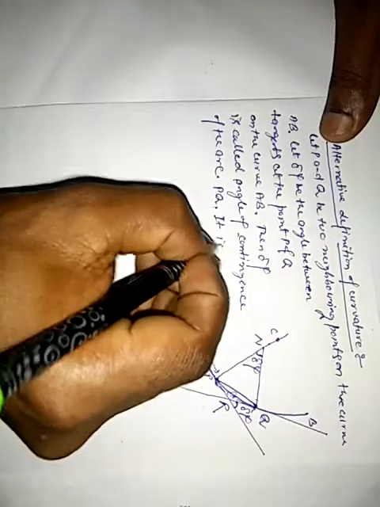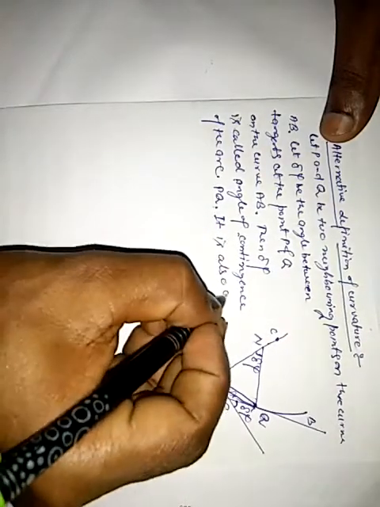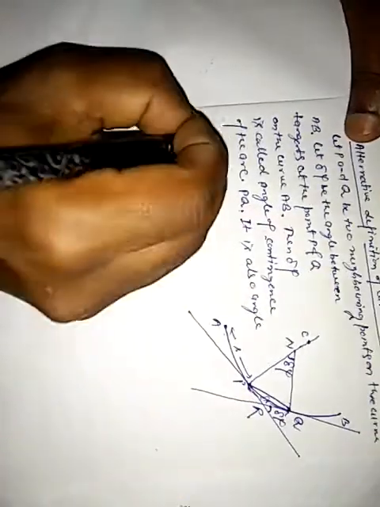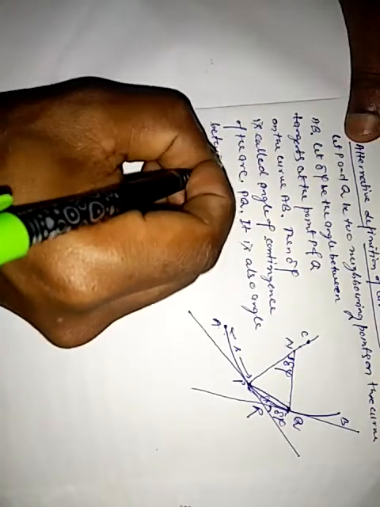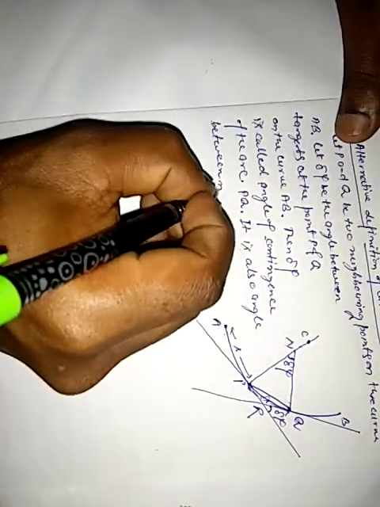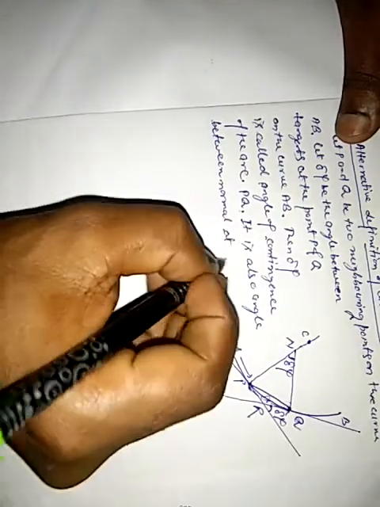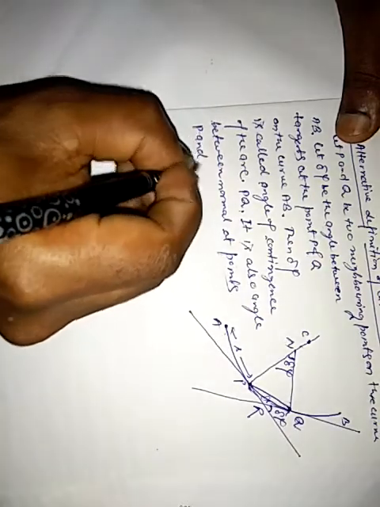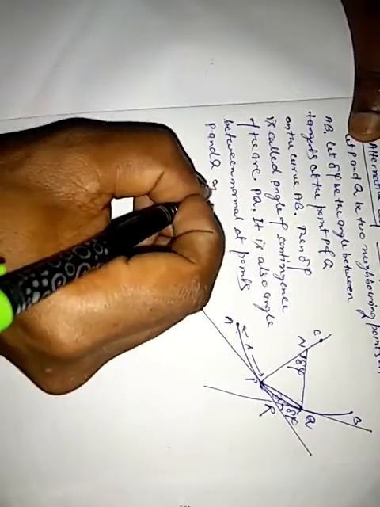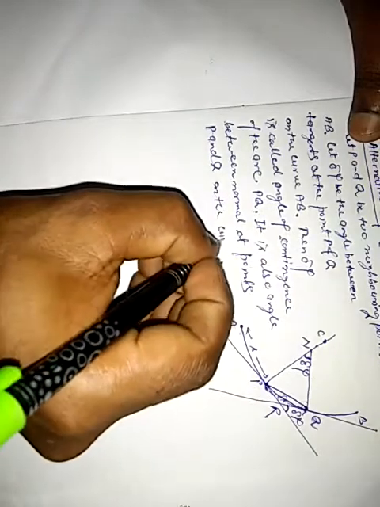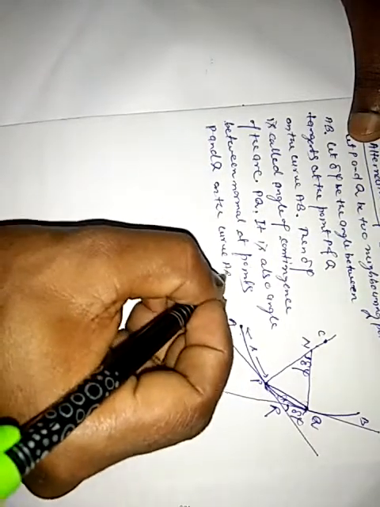It is also the angle between the normals at points P and Q on the curve AB.